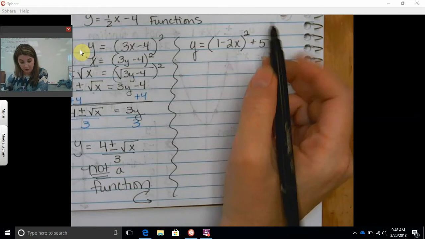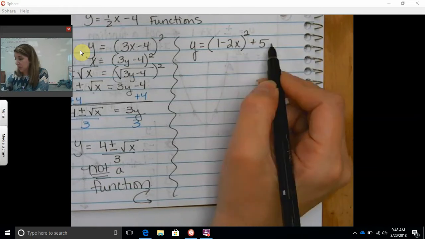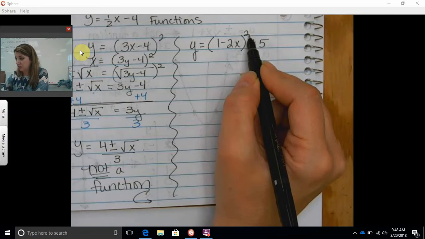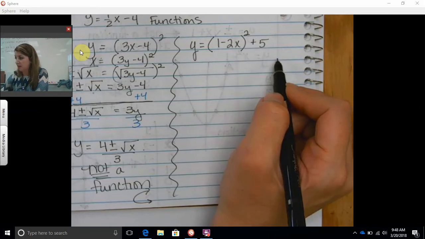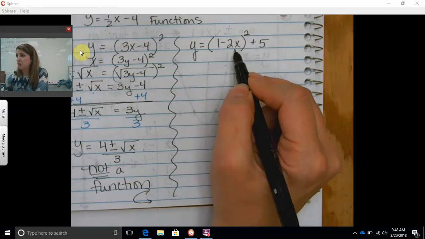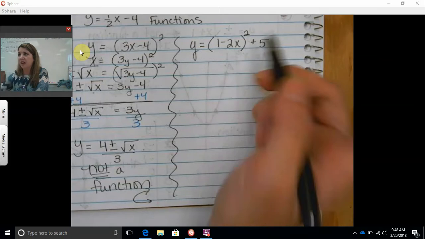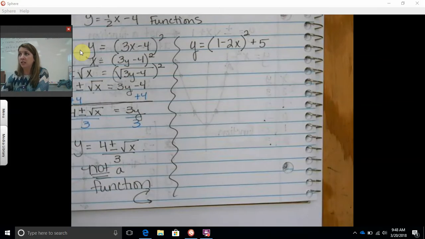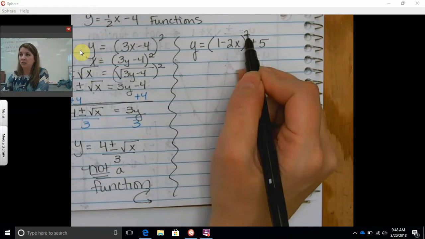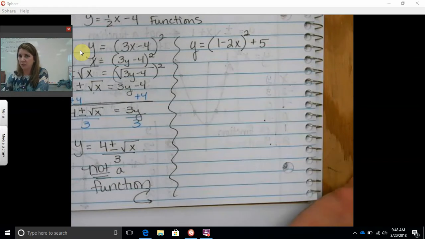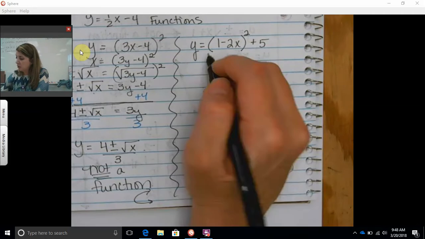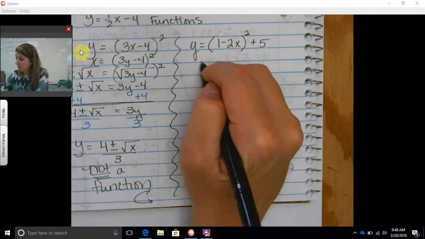Oh, by the way, I know this is a quadratic because my highest degree is a 2, even though it looks weird, right? We could simplify that out. Do 1 minus 2x times 1 minus 2x, FOIL it, and then add 5. If we did all that, it'd be a quadratic. But because x's highest degree is a 2, we already know it's a quadratic. It's just not simplified very pretty. So we know that's a function.